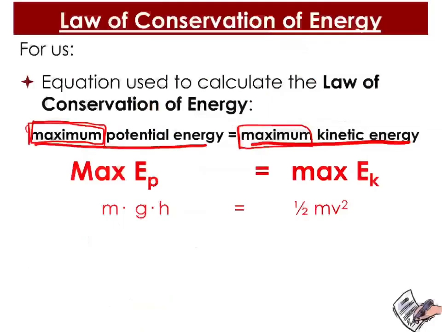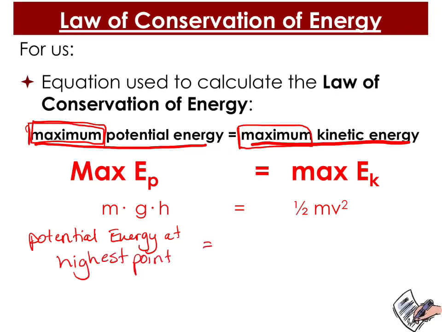So, so, so important that you understand that, okay? So that's what we're going to consider: basically the potential energy at the highest point, because that's what gives something gravitational potential energy, being really, really high up, is equal to the kinetic energy at the lowest point.